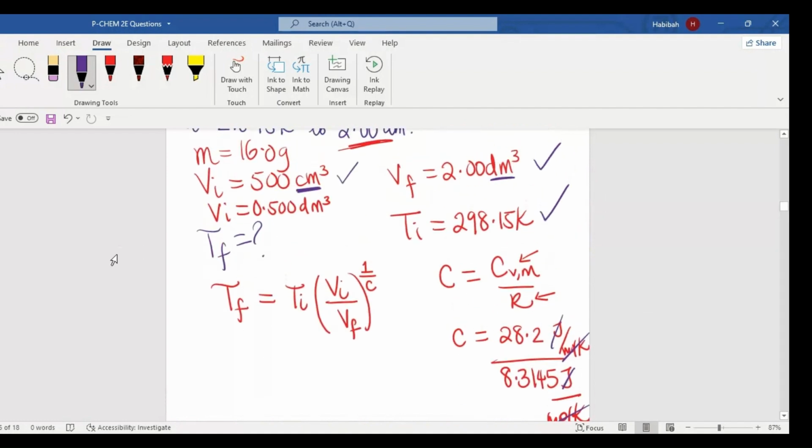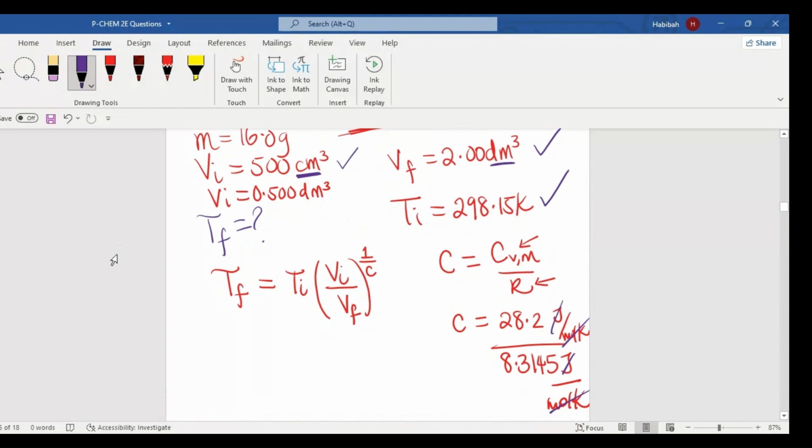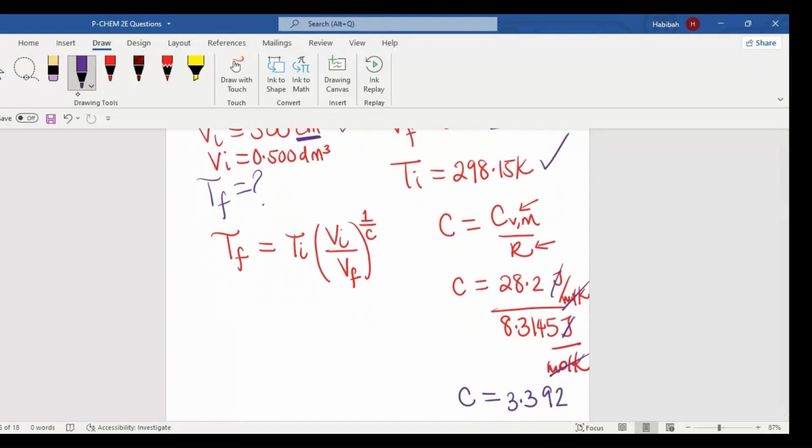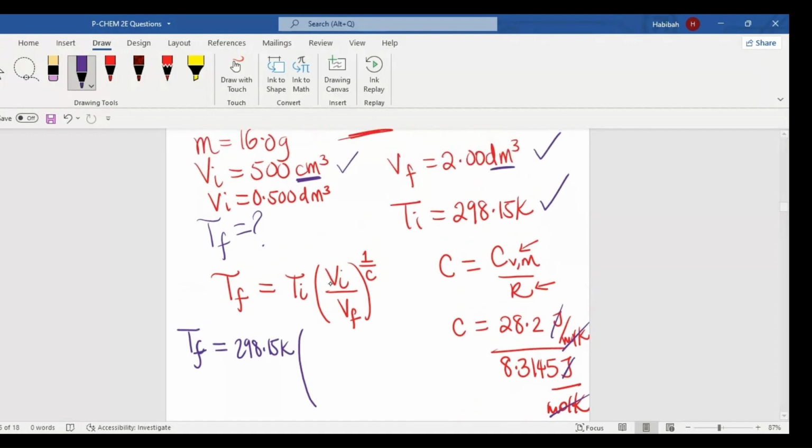Now we've gotten C, we have our T initial, our V initial, and our final volume. So inputting our information in the equation, we have T final is equal to 298.15 Kelvin, times the V initial, 0.500 dm cubed, and then our V final is simply 2.00 dm cubed.